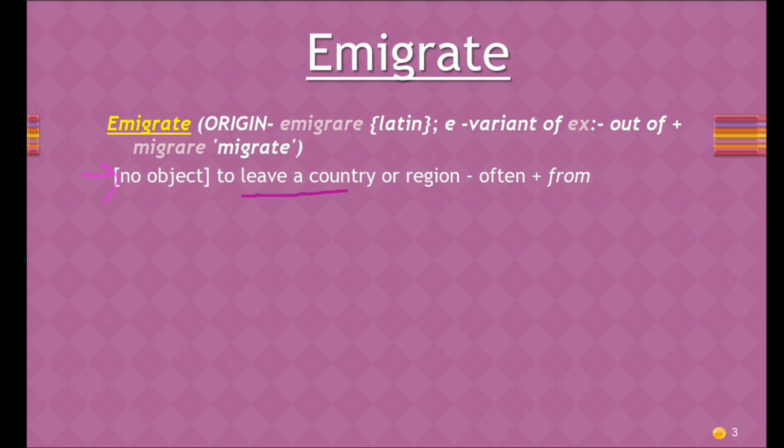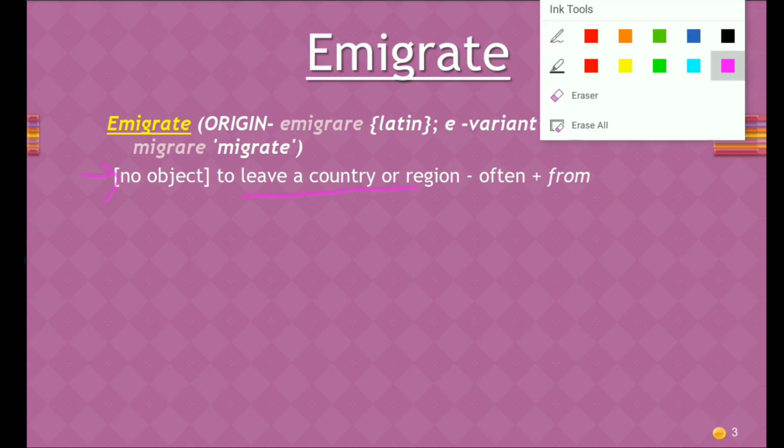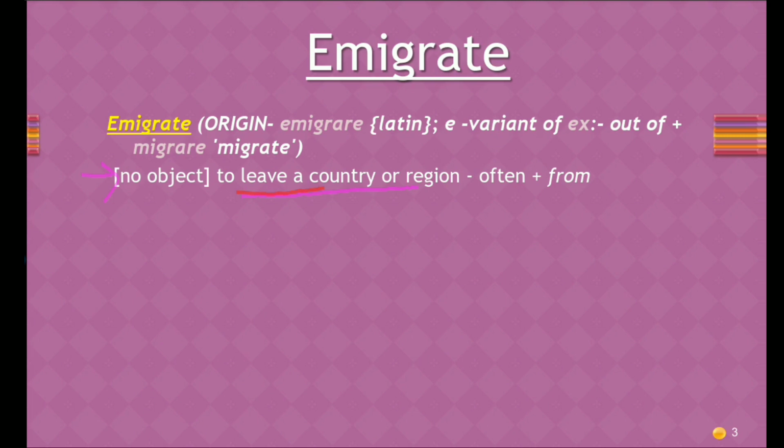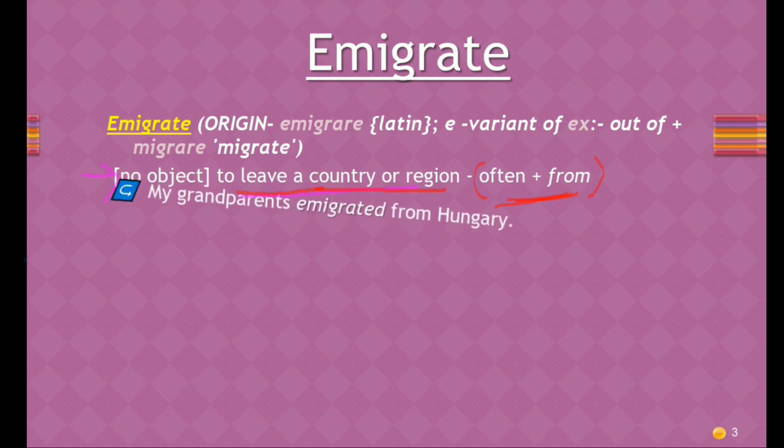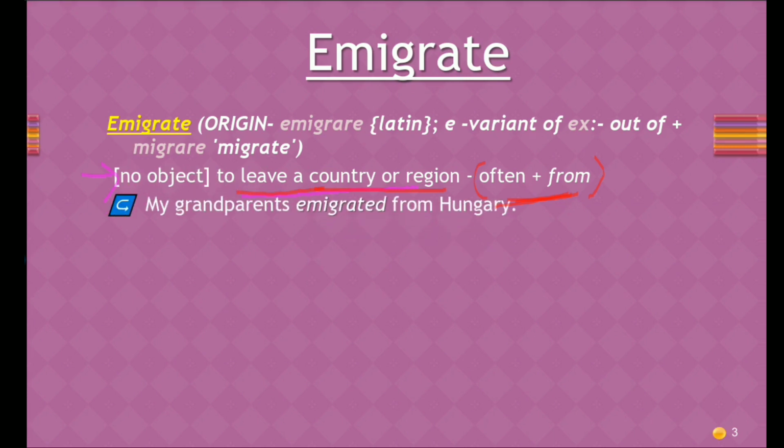It is often followed by from, which means after emigrate we often use from, but it is not compulsory. You can also use something else according to your need, but often we use from. Okay, so now let's discuss some examples.